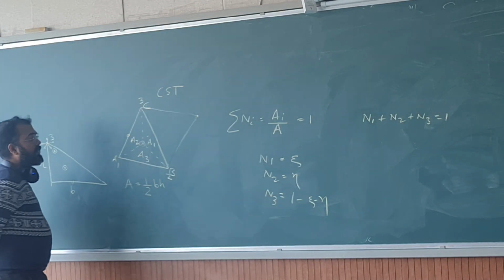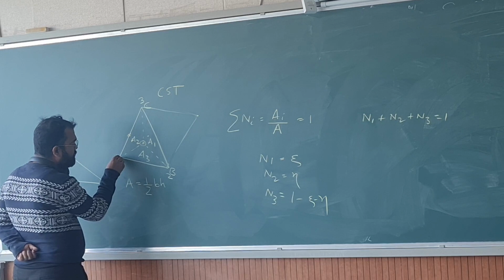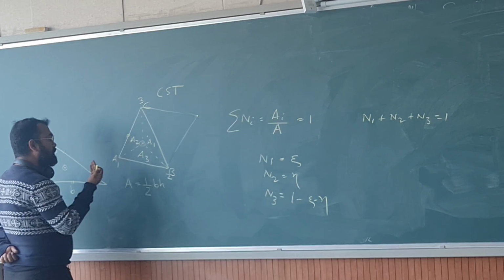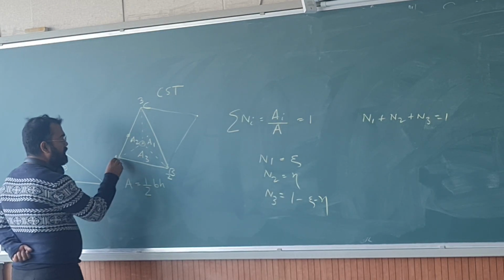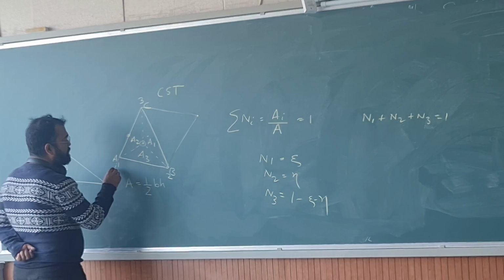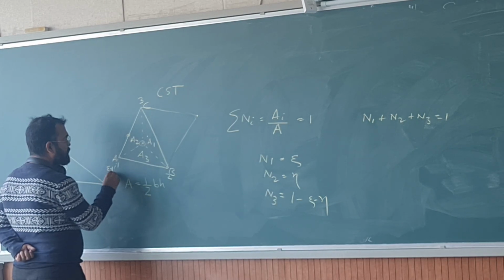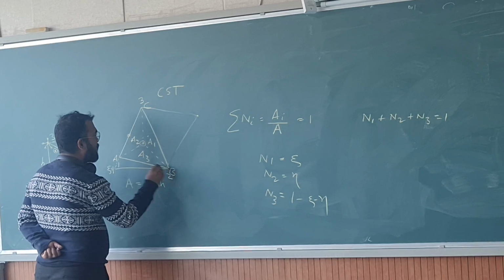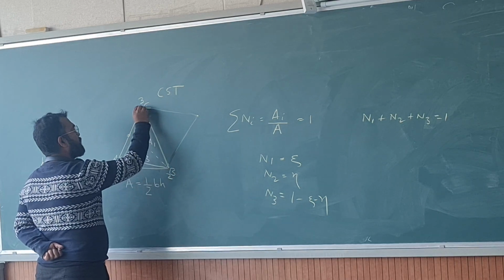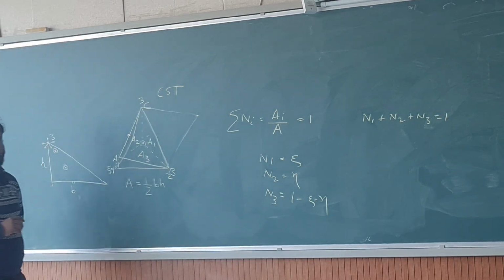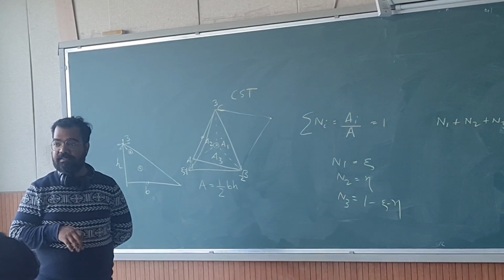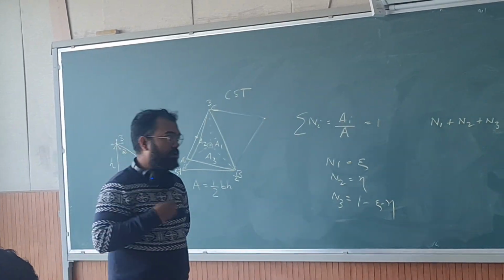And when epsilon is equal to 1, now you imagine a height which is showing the value of the shape function. So this will be epsilon is equal to 1, and at other places it will be 0. And similarly, if you have eta is equal to 1 and so on.